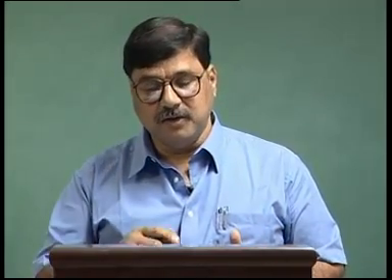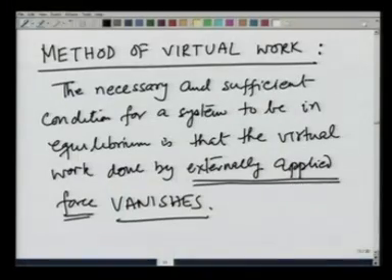Then the virtual work done by externally applied forces vanishes. Notice we have avoided taking constraint forces into account, and therefore, when we apply this method, we can bypass calculating the constraint forces. Let us see how this method works.